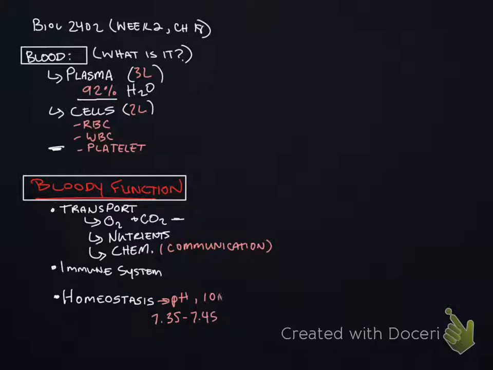Ion concentration in the blood contributes to homeostasis. So ions are like calcium, sodium, potassium, and also body temperature. Okay. Body temperature is carried throughout the blood and contributes to homeostasis. Okay, all right.